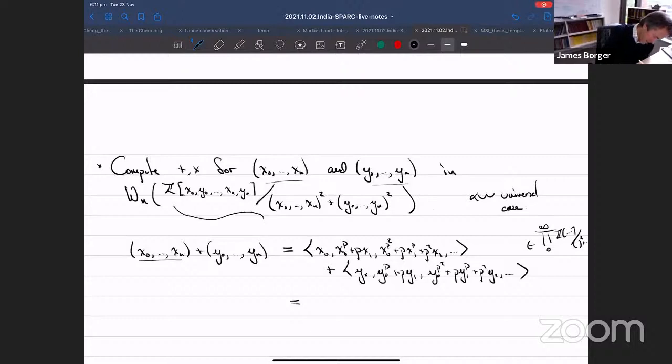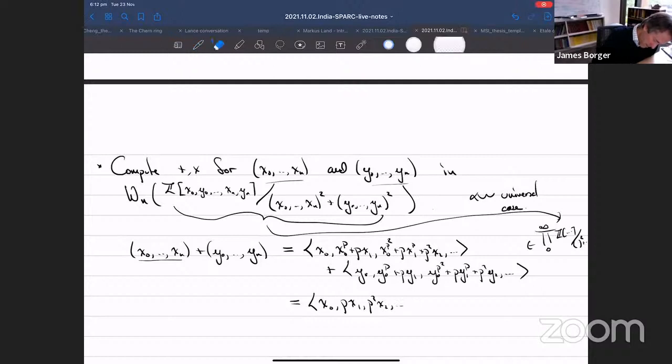It's the infinite product ring of this. So they're all square zero. So the ghost polynomials simplify enormously. So you get x0, p x1, p squared x2, and so on, up to, we're doing length n, p to the n xn, and then the y's.